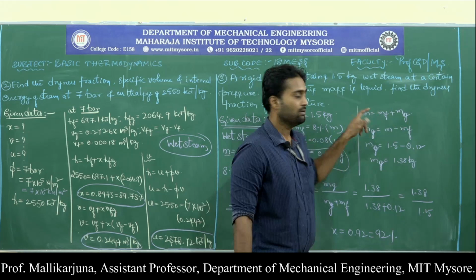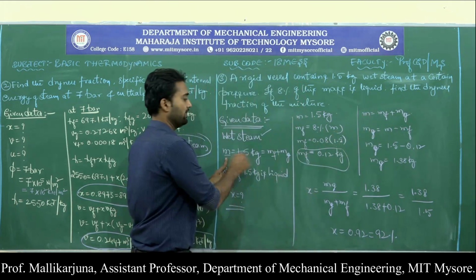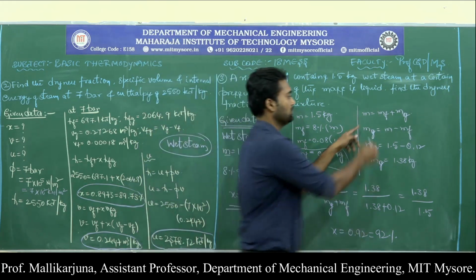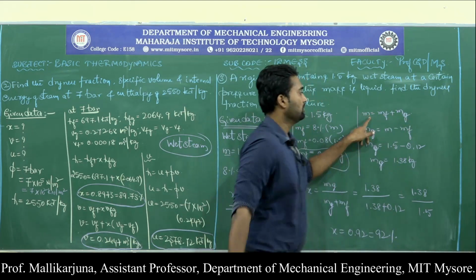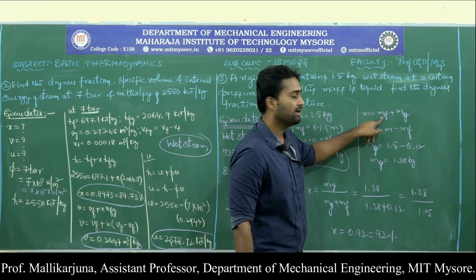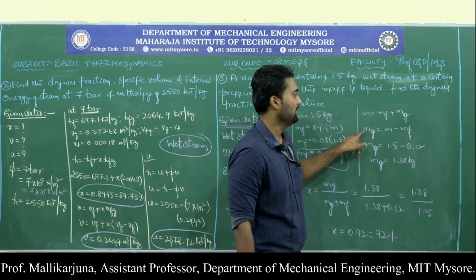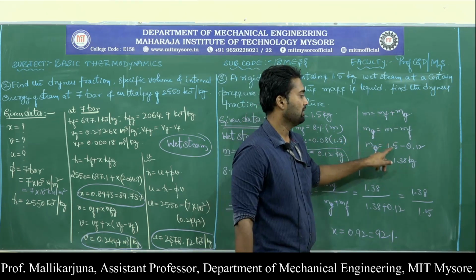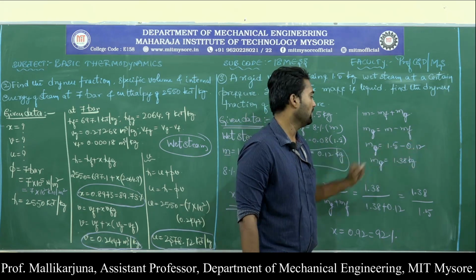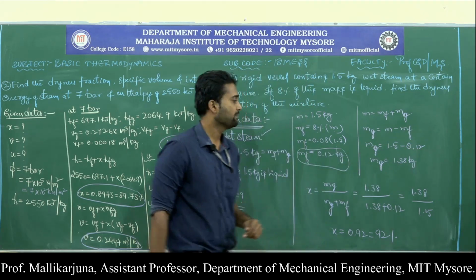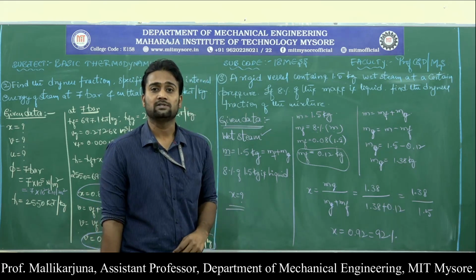So, if I make use of the overall mass formula, overall mass I have already written: m is equal to mf plus mg. You are aware of overall mass, you are aware of mass of the liquid now, mass of the fluid, and you can easily find the mass of the gas upon substitution. 1.5 minus 0.12, we will get the mass of the gas as 1.38 kg.